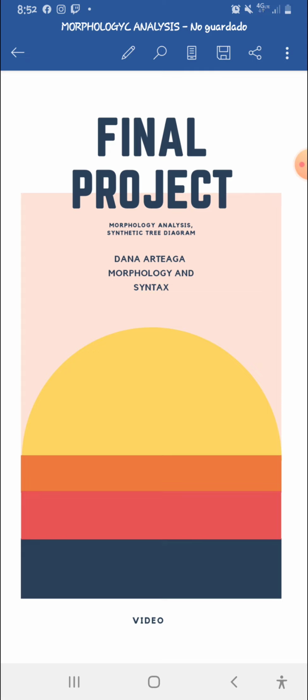It consists of determining the form, class, or grammatical category of each word in a sentence. Morphological analysis can be done in two ways: words and phrases. Words.